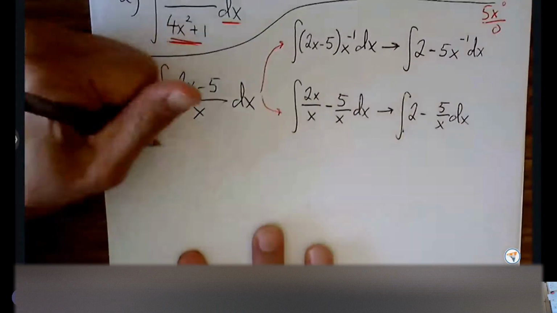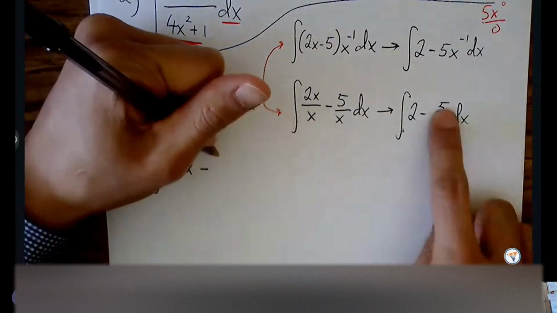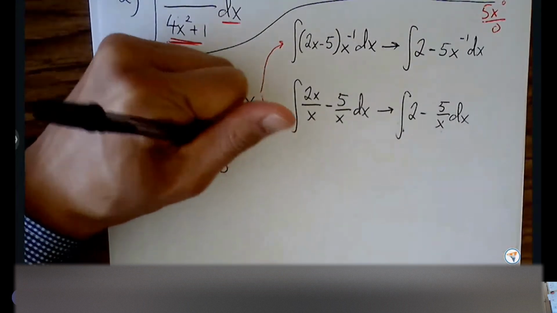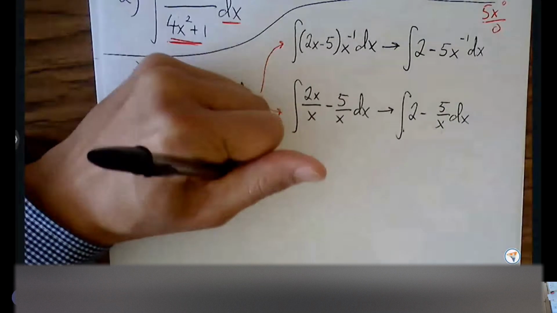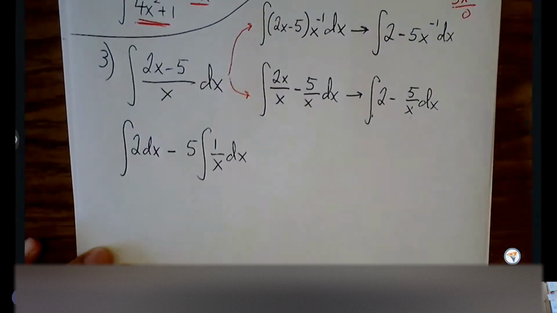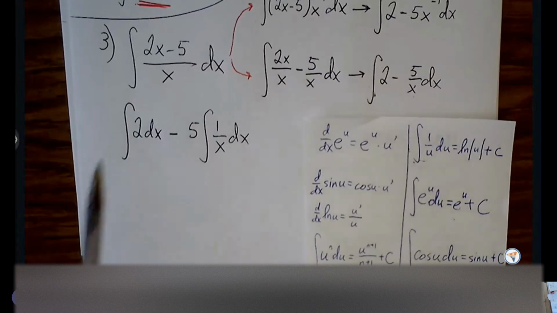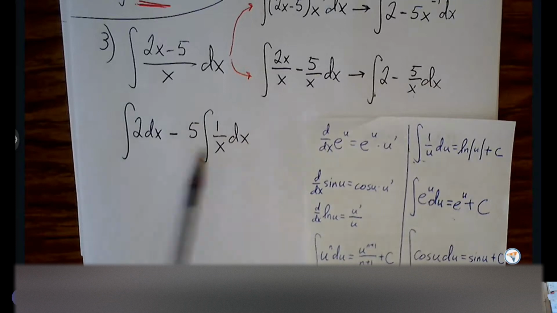Now, maybe to help you see a little better, I can rewrite this as 2 separate problems, and I can push that 5 out in front to make it even easier to spot the pattern. But now we can just apply the appropriate rule, right? There's no need for u-substitution. There's power rule here.